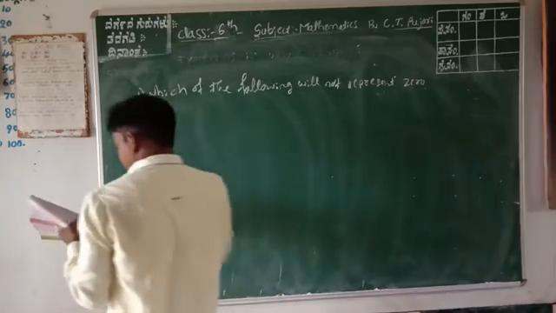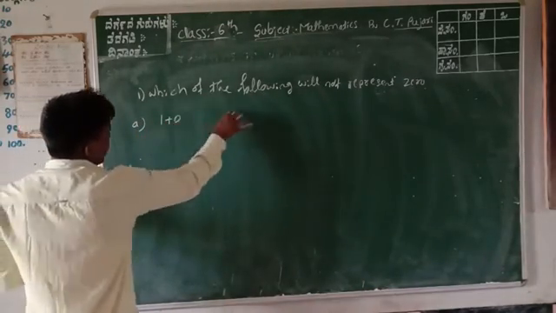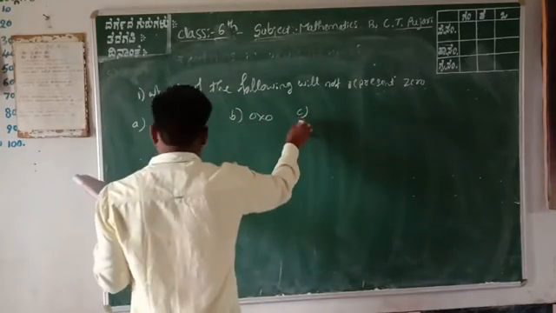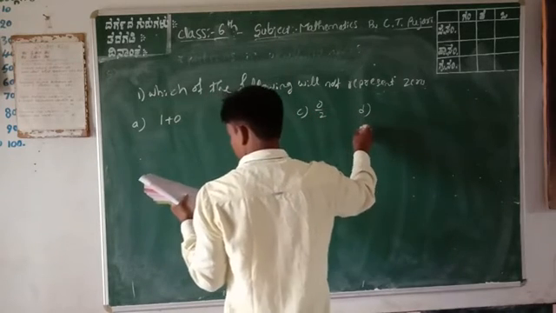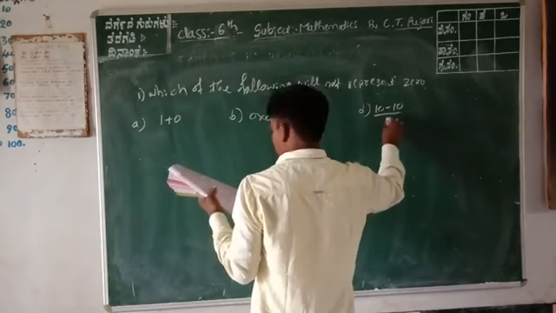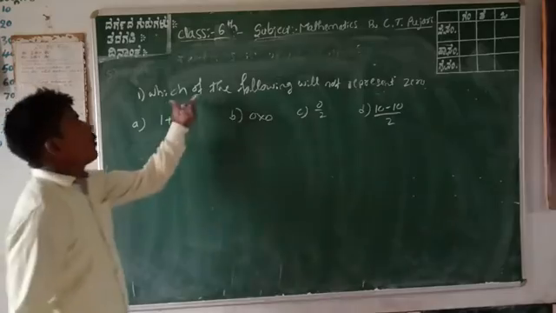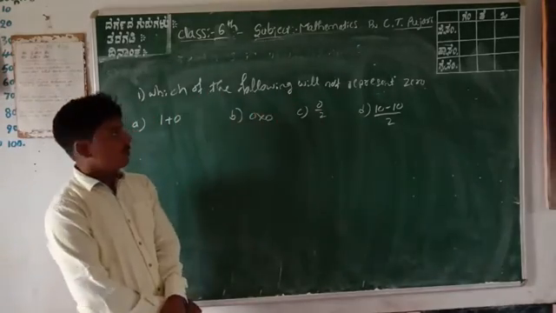Condition A: 1 plus 0, B: 0 into 0, C: 0 by 2, D: 10 minus 10. The question is, which of the following will not represent 0?